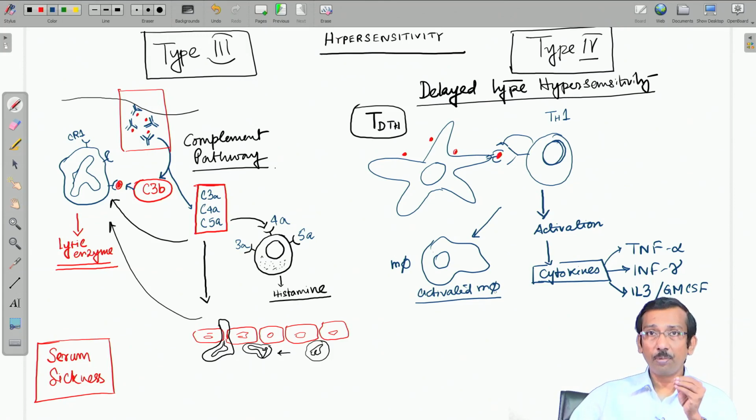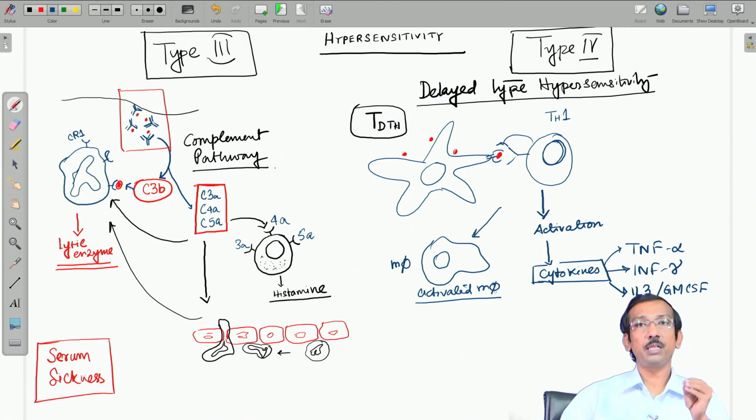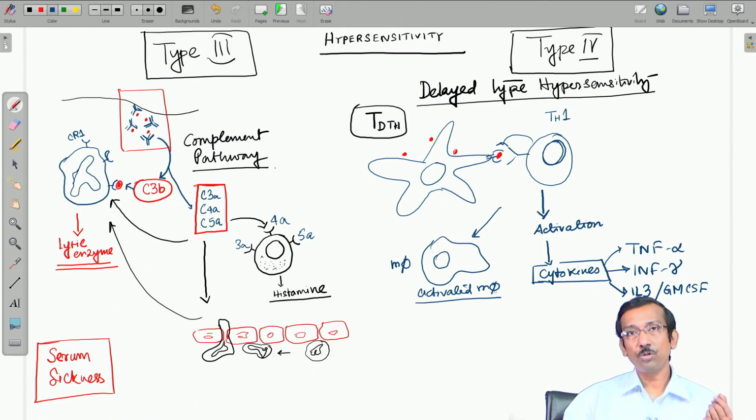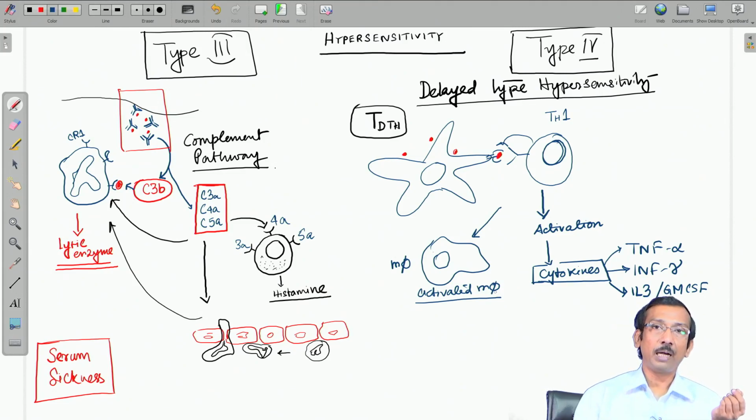A very good example of delayed-type hypersensitivity is the Mantoux test. If you have heard about the Mantoux test, it is a very common test against MTB, Mycobacterium tuberculosis. Previously, people used to inject a mixture of peptides and carbohydrates isolated from MTB, also known as tuberculin.